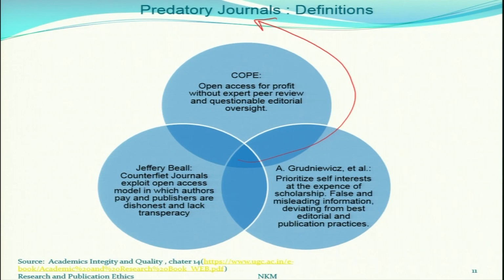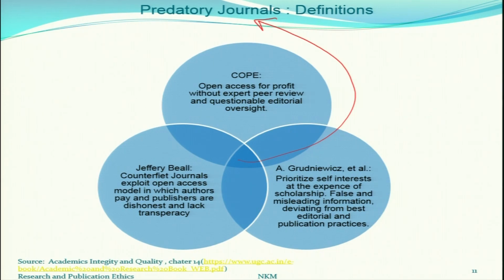And according to A. Grodniewicz, and some other scholars, predatory journals are defined in terms that these journals prioritize their self-interest at the expense of scholarship. They have false and misleading information on their web pages, deviating from best editorial and publication practices.